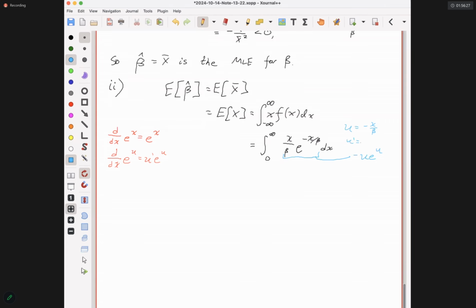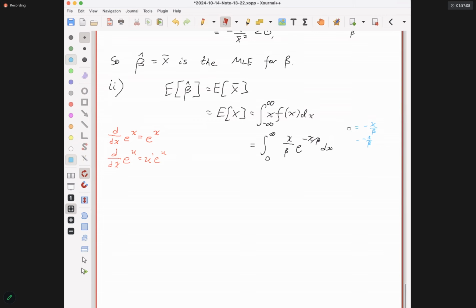And here u prime is 1 over beta, the derivative with respect to x. And so this one we have to do integration by parts for.